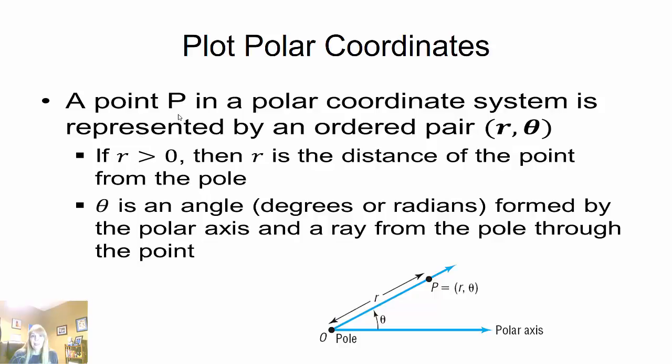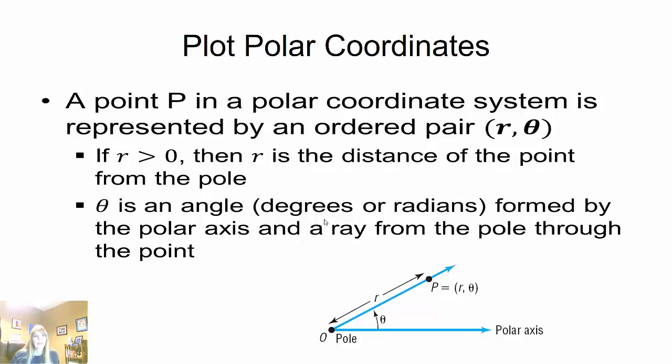It says a point P in a polar coordinate system is represented by an ordered pair, the radius, and then theta, which is my angle in radians. All right, so if r is greater than 0, then r is the distance of the point from the pole. So again, think origin. So this distance would be r.